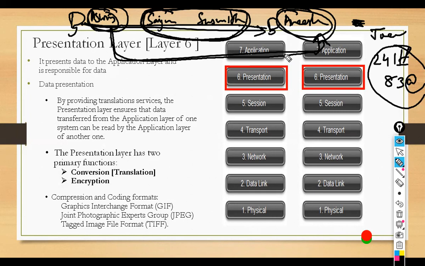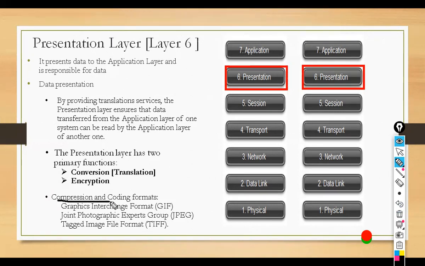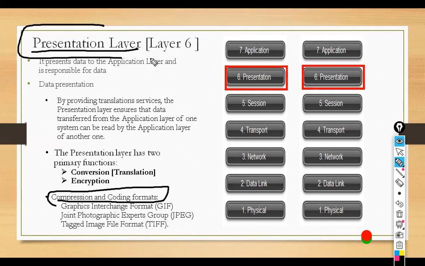Clear? So this encryption is done in the presentation layer. Another function is compression and coding formats. So these are the functions of the presentation layer: data presentation, encryption, compression, and the coding format.